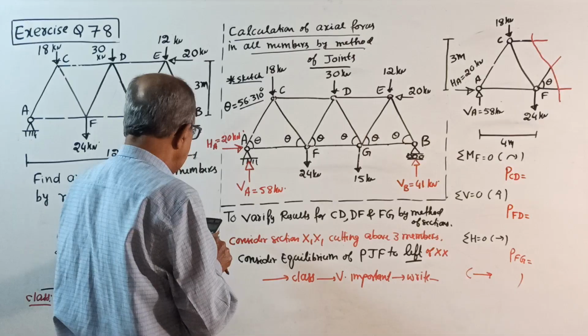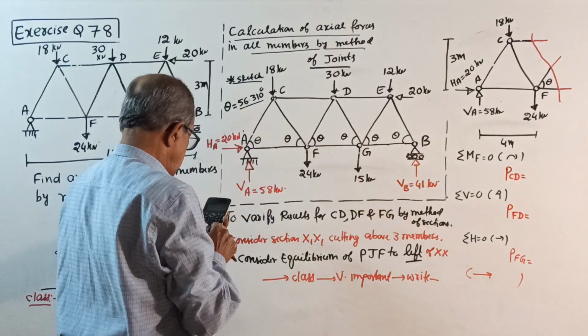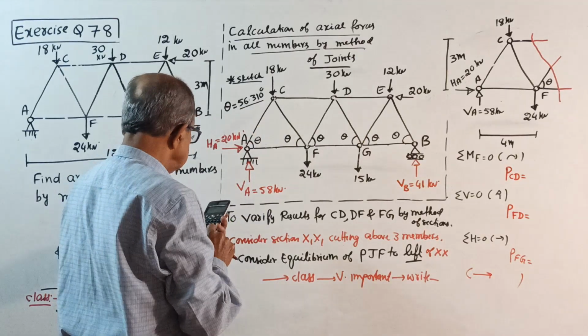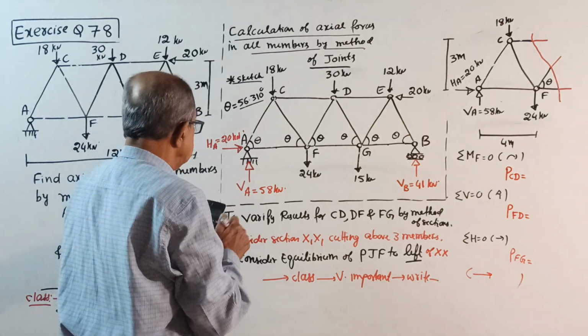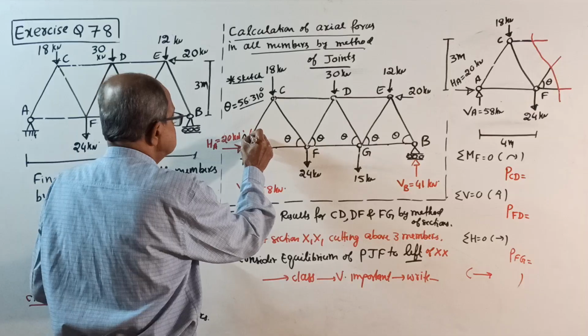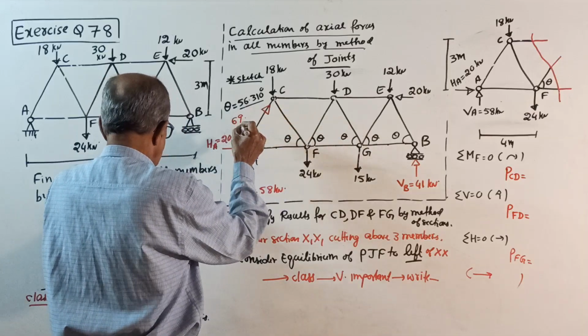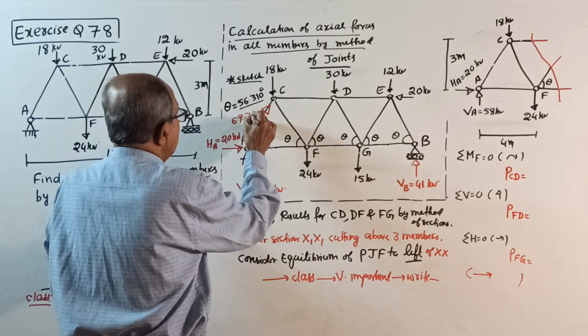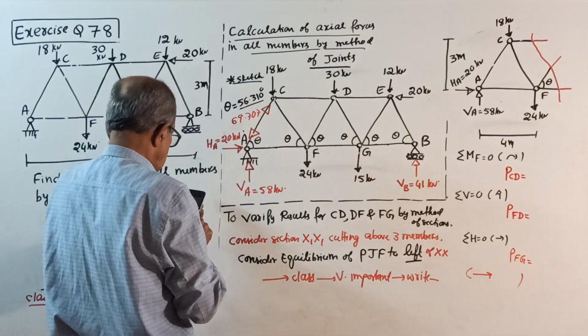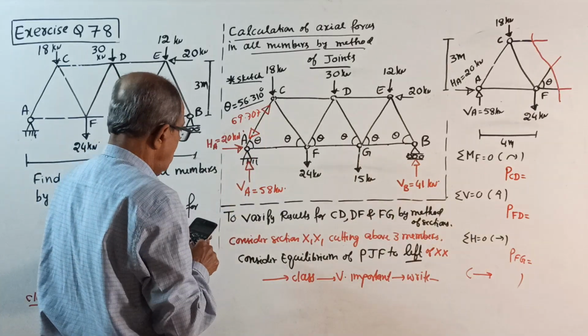58 divided by sine 56.31, where is the angle? 69.707. I will enter all the answers first. 69.707 into cos, where is the angle?